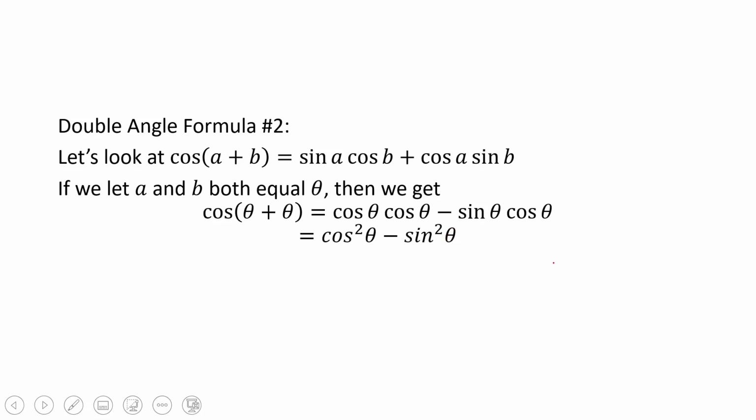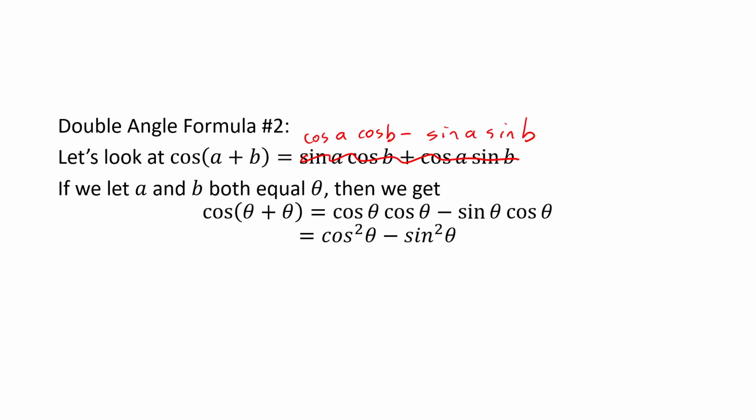All right, now what if we're looking at the cos of A plus B? This should say the cos of A plus B is equal to cos A cos B minus sine A sine B. That's the formula.